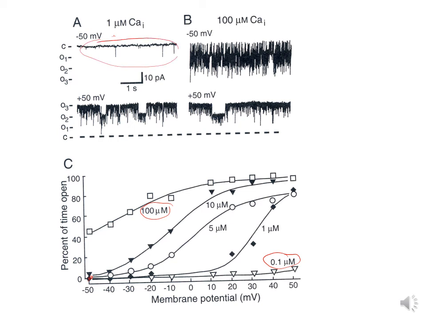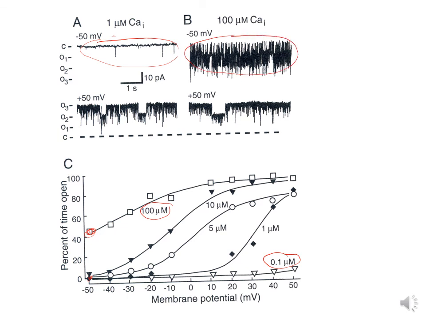Now, if there's 100 micromolar intracellular calcium, there's a high probability that this channel is going to be open, and therefore in B, at 100 micromolar calcium at minus 50 millivolts, many of these channels are now open.